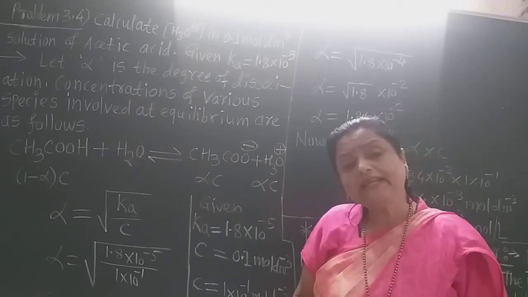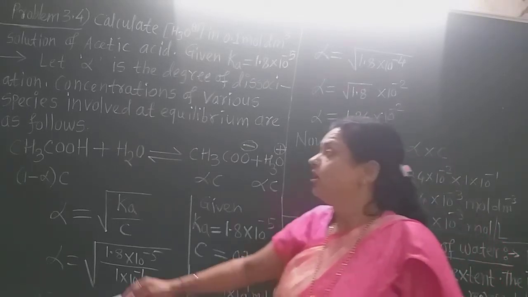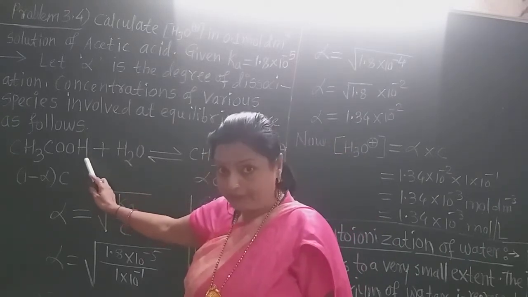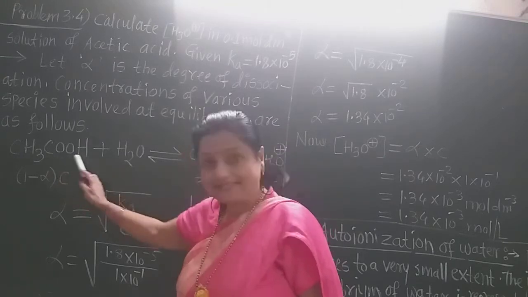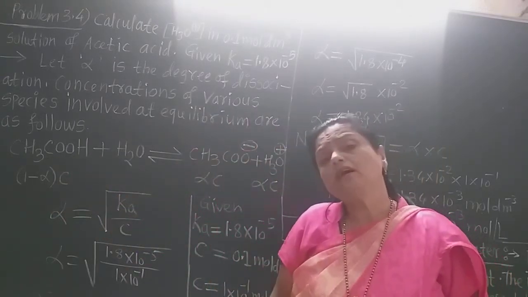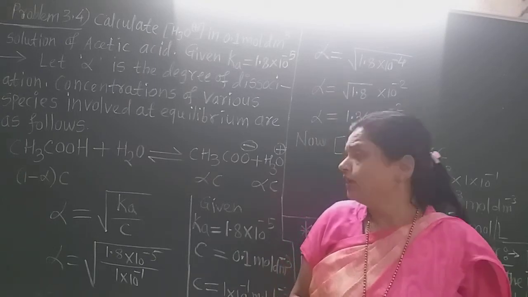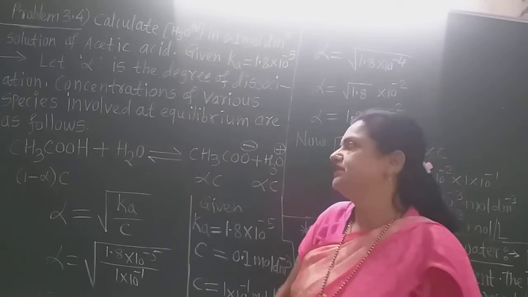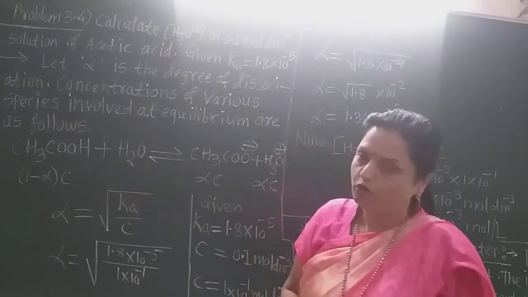So what is remaining at equilibrium, that is the unionized molecule of this acetic acid remaining at equilibrium, is 1 minus alpha. And what will be its concentration? 1 minus alpha into C. This is the concentration of these unionized acetic acid molecules.